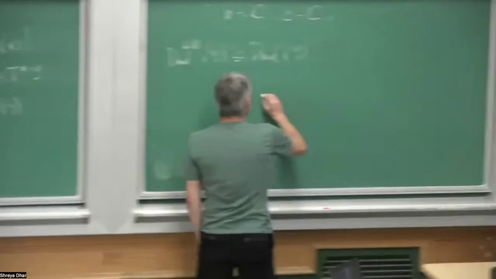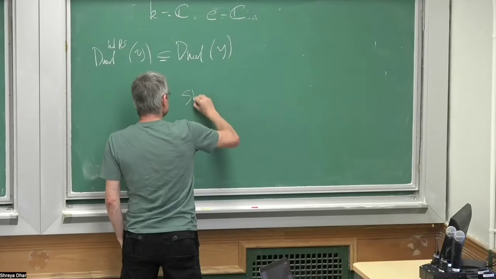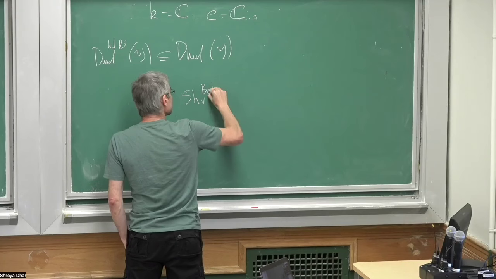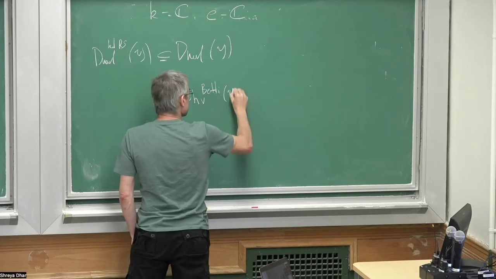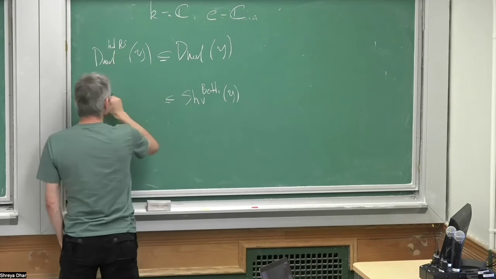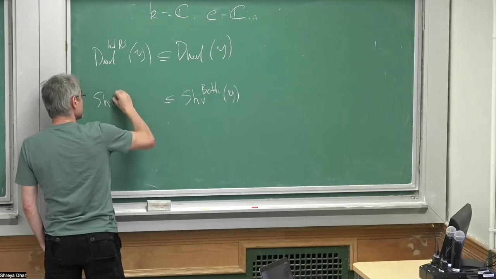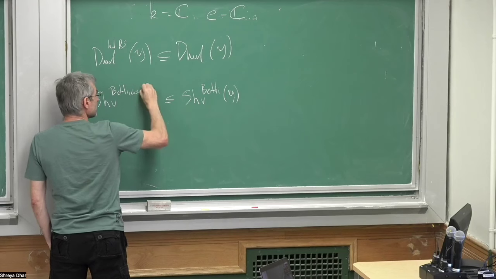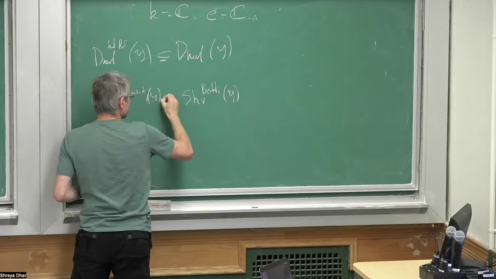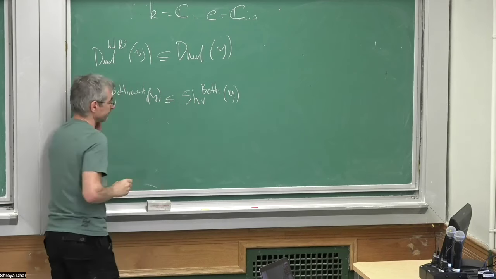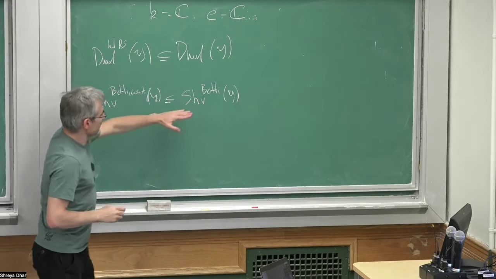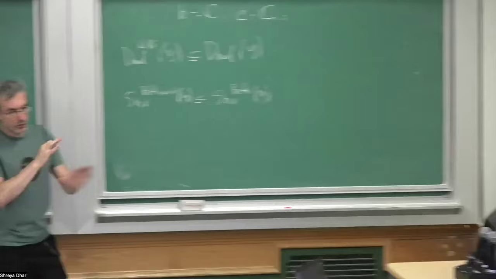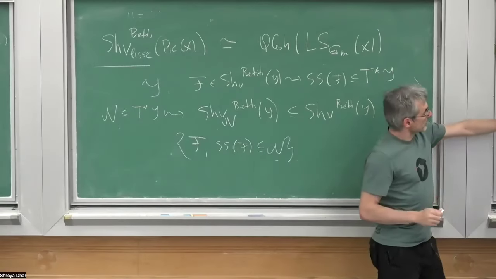And in the Betti theory, we consider also a full subcategory, which is called constructible. Let me explain what this means with an example. These are really all Betti sheaves, just all of them. So constructible means the following.